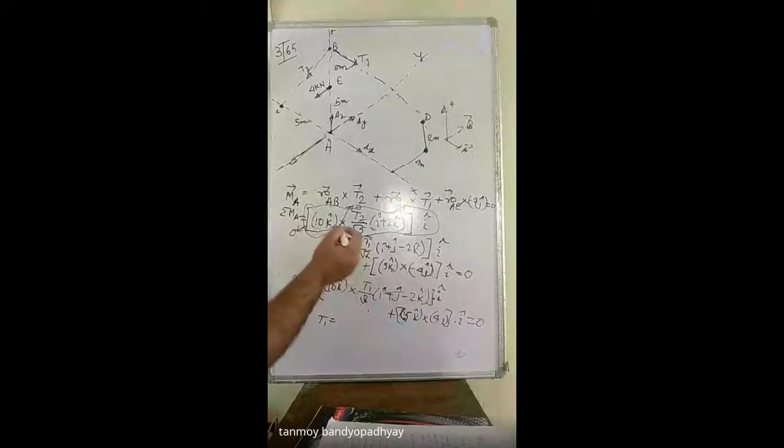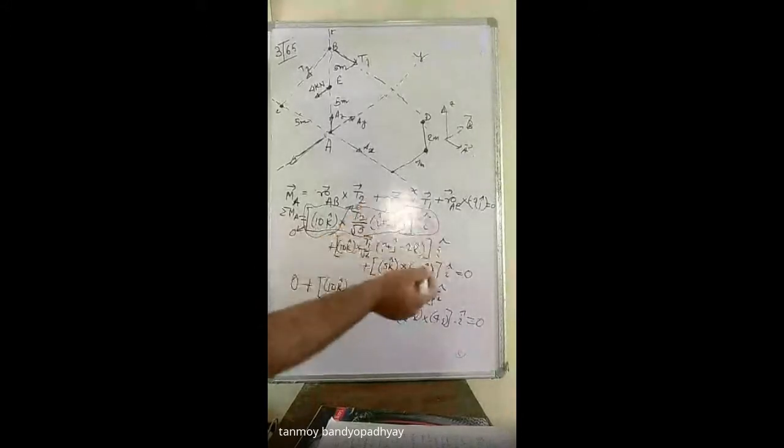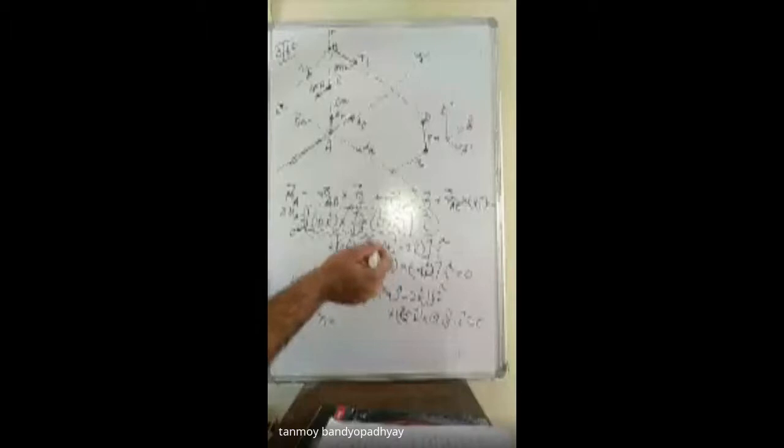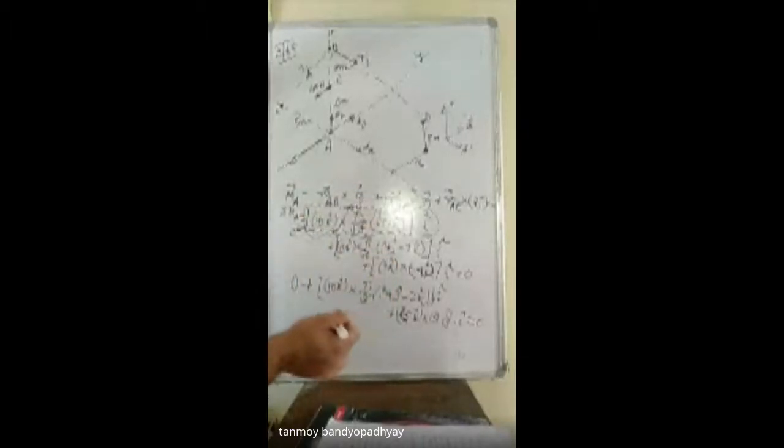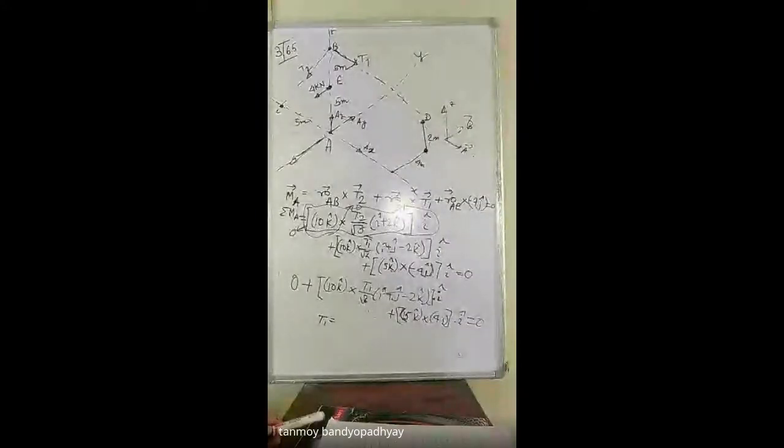If I take the dot with i, I am taking its projection on the x axis. So on the x axis this moment has no contribution. Write this down: the moment due to the force T2 is directed along the y direction.